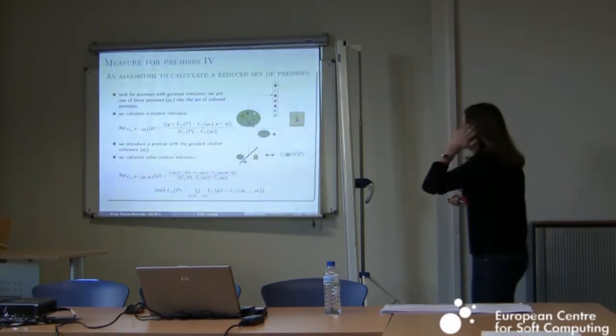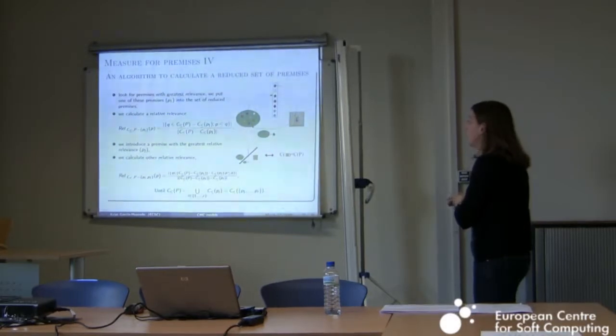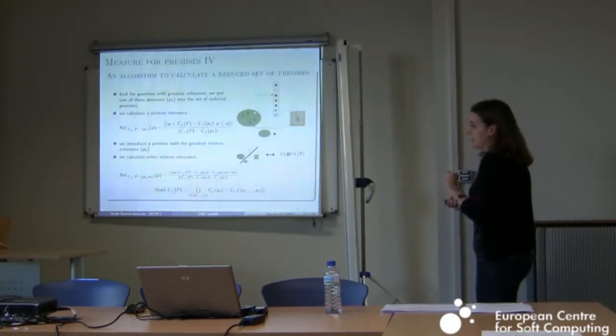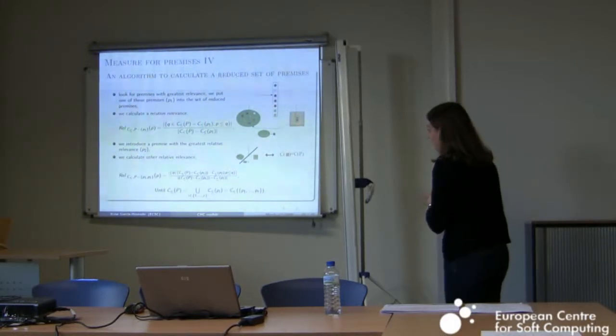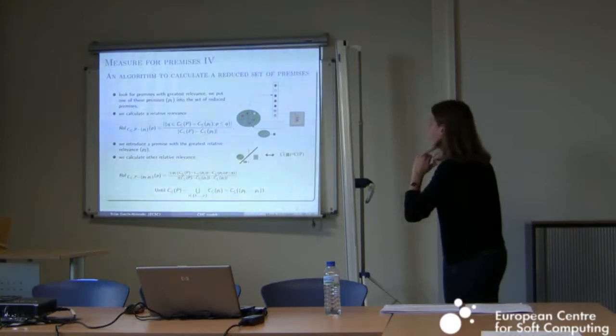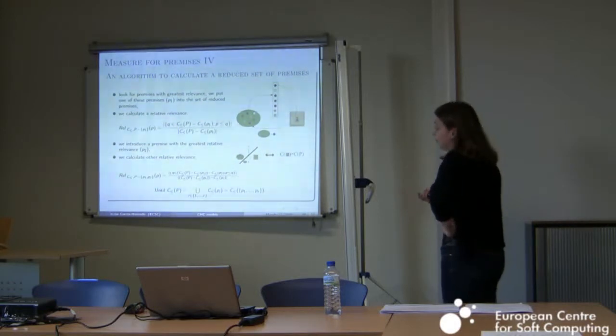That's the yellow square. Then I take off this premise from the set of premises, and with the other premises, I computed a relative relevance that are the number of consequences not explained by the premise in the set of reduced premises that allows to deduce it divided for all consequences not explained by P1.